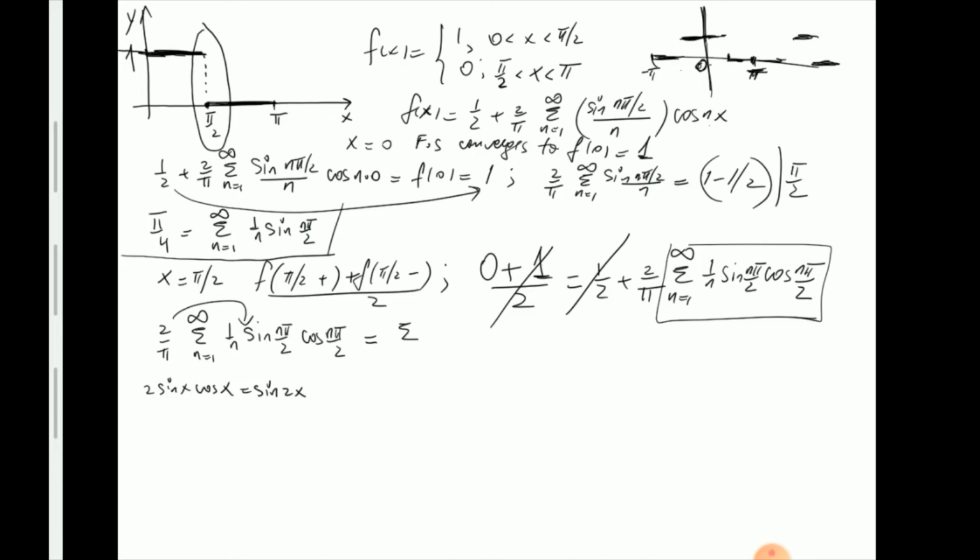So as a matter of fact, this series is 2 sine of n pi over 2 cosine of n pi over 2, which becomes 1 over n sine of 2n pi over 2, which is just n pi. Now sine of a multiple of pi is 0, as you can see from the unit circle. So that means this is equal to 0.